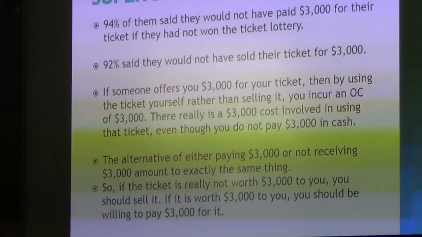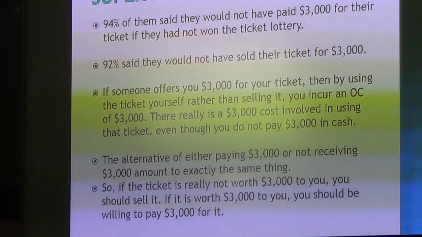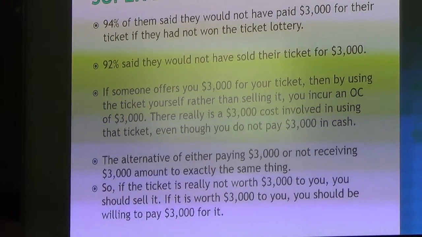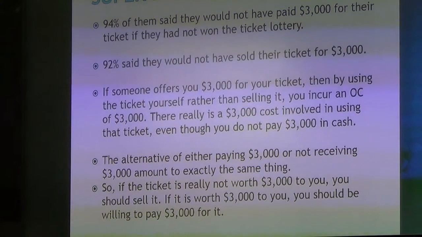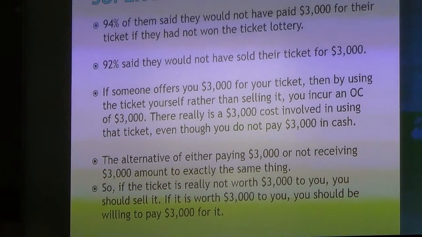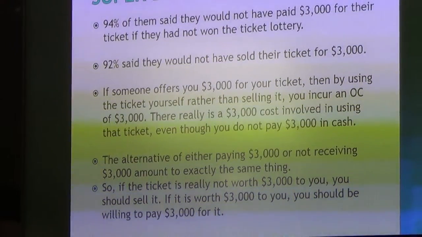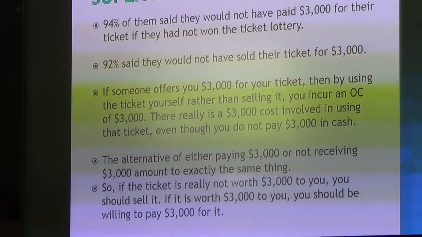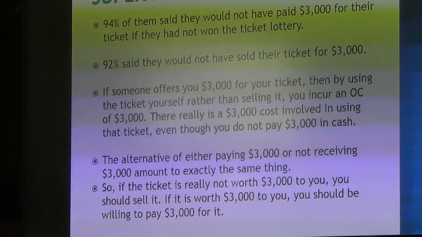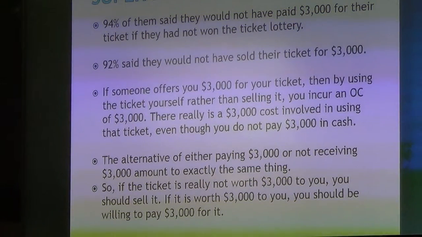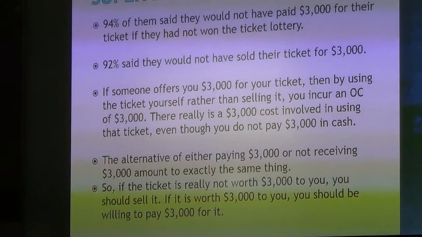Okay. So the alternative of either paying $3,000 or not receiving $3,000 amounts to exactly the same thing. So if the ticket is really not worth $3,000 to you, then you should sell it, right? Like, I'm not a football fan, it's not worth $3,000 to me, I would sell it. And then if it is worth $3,000, you should be willing to pay $3,000 for it, right?